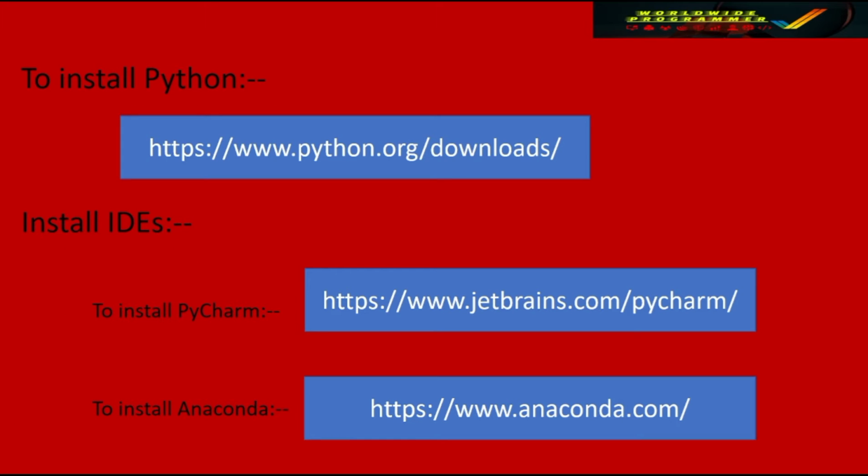These are the links to install Python and Python IDEs. After installation of Python, we need some IDEs. The best IDEs for Python are PyCharm and Anaconda. First we have to install Python and the Python IDEs.